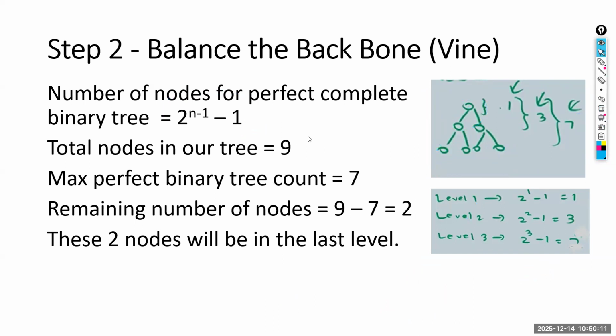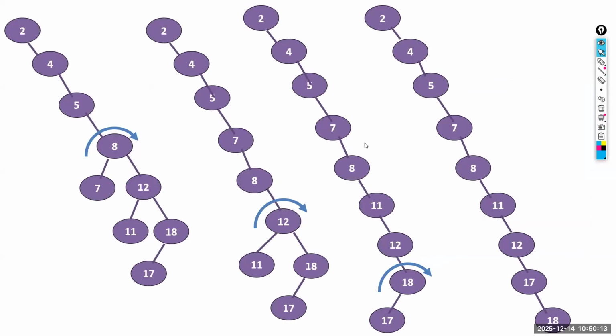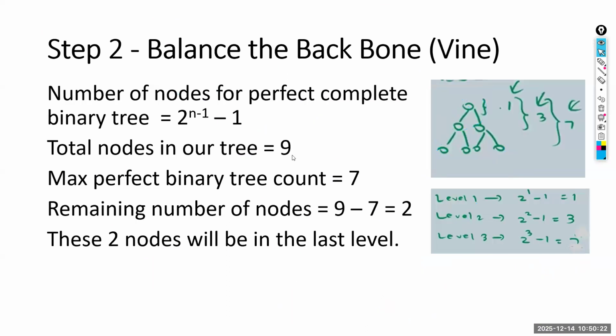Right, in our case, we have 9 nodes. 1, 2, 3, 4, 5, 6, 7, 8, 9. So now you need to find, using this calculation, how many levels we are going to have. 9 is bigger than 7, but not bigger than 2 to the power 4 minus 1.